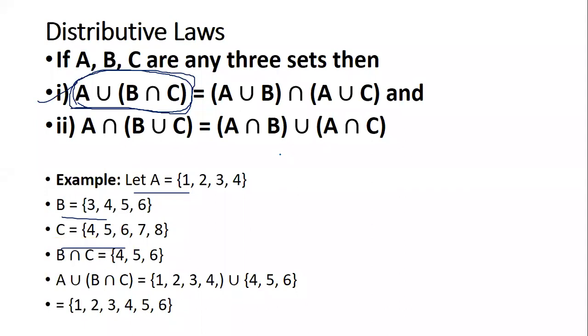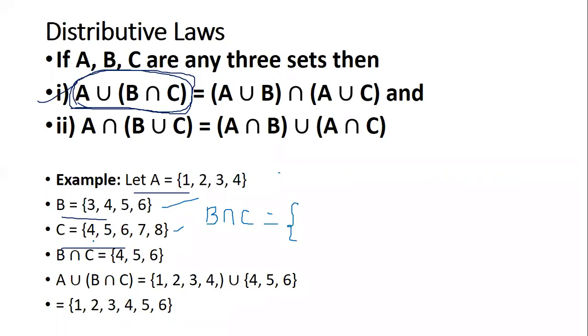Okay, so we are going to first find out B intersection C, which is in the bracket. So we have set B, we have set C. Now, can you tell me what is B intersection C? First of all, before that, what is intersection? What do you do with intersection of sets? What do you find out there? Common elements. Good.